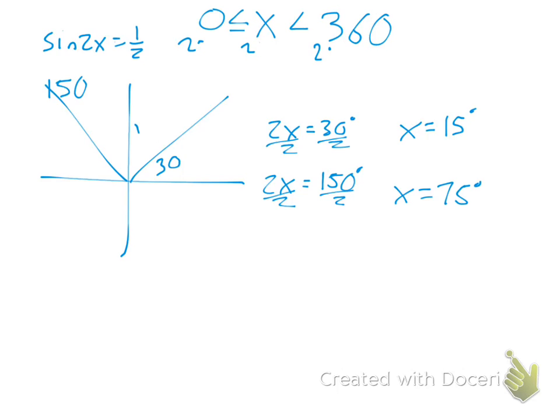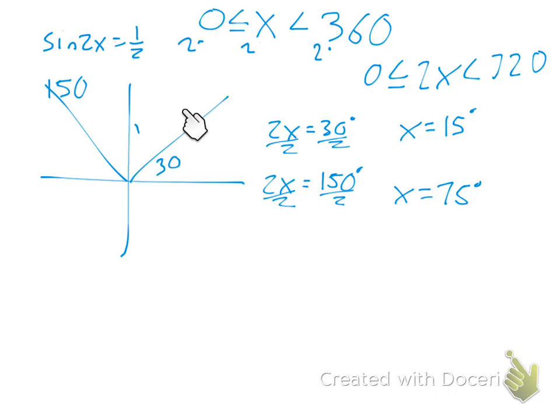If I multiply all those numbers by 2, I get 0 is less than or equal to 2x, which is less than 720. That means that the 2x, that angle I'm trying to find, actually can be between 0 and 720. X itself has to exist between 0 and 360.